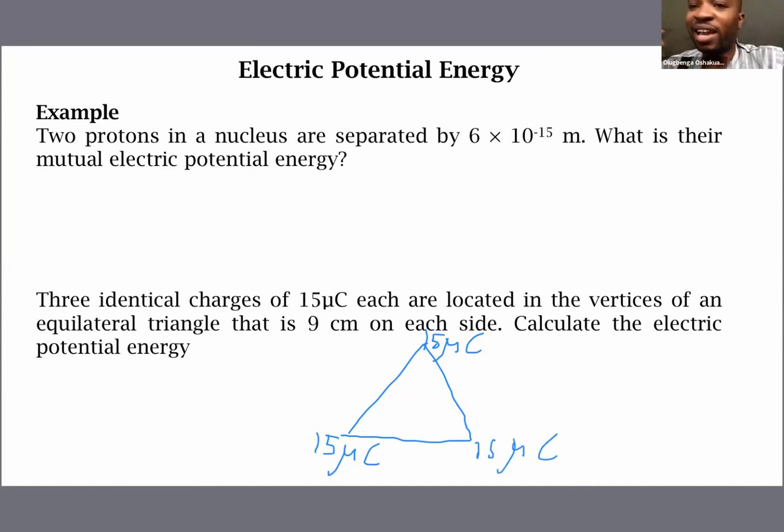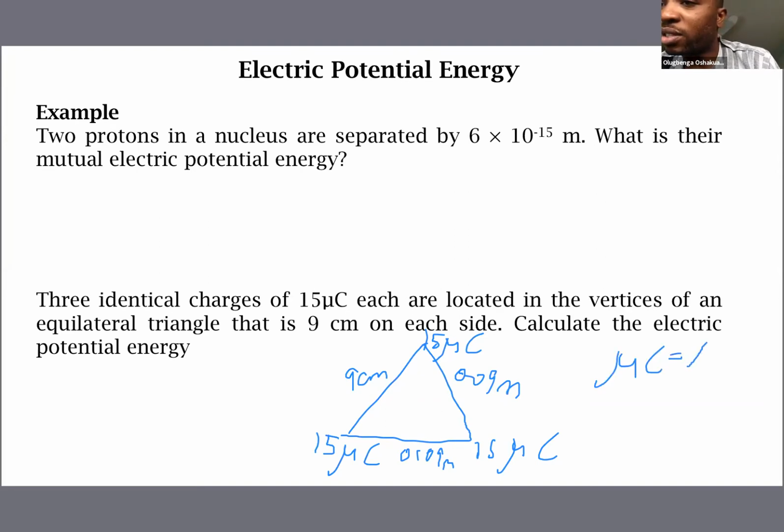Calculate the potential energy. Look at the vertices of that triangle. That is 9 cm on each side. So 0.09 meter, 0.09 meter. So we can go ahead, knowing that a microcoulomb is 10 raised to power minus 6 coulomb.